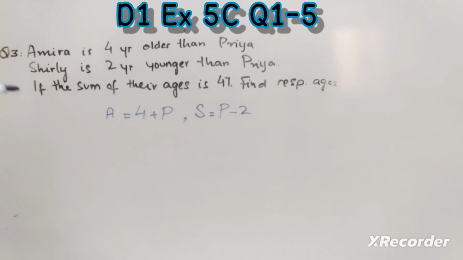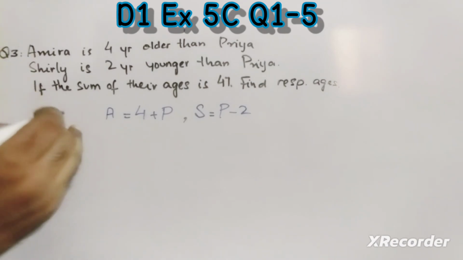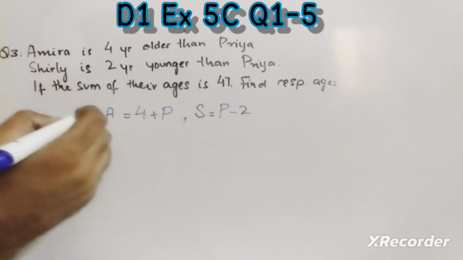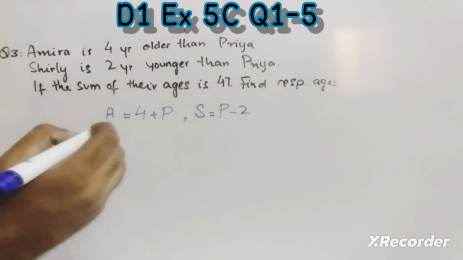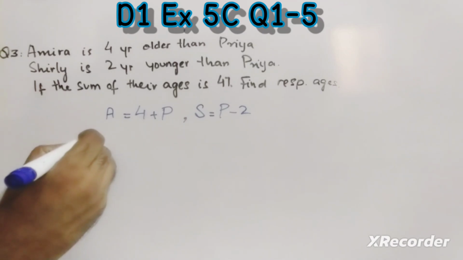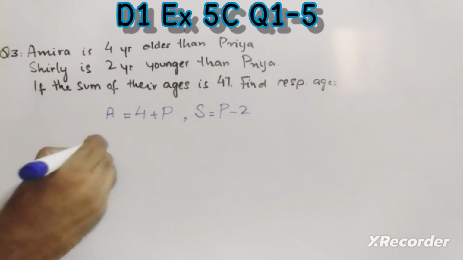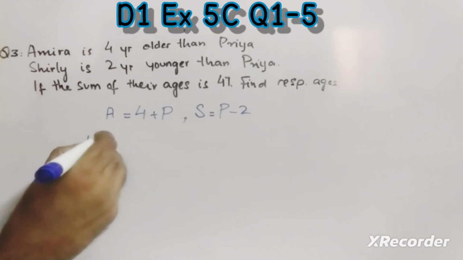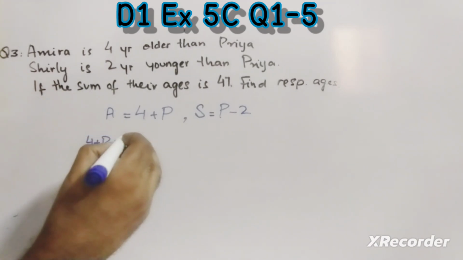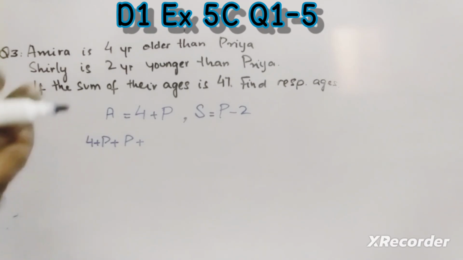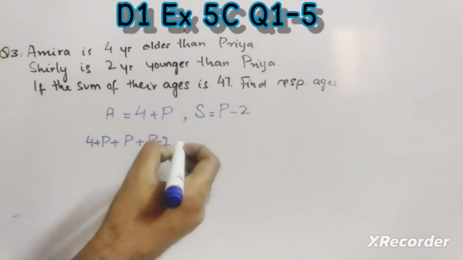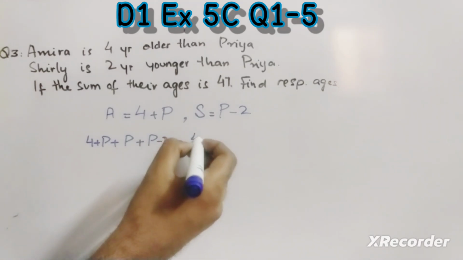Now if the sum of their ages is 47, so age of Amira is 4 plus P, plus age of Priya is P. Now age of Shirley is P minus 2, that is given, and their sum will be 47.